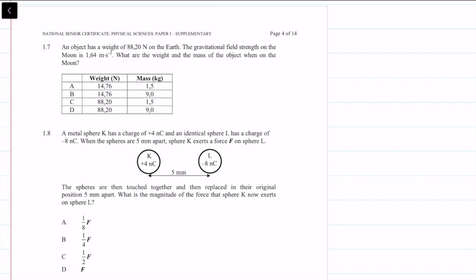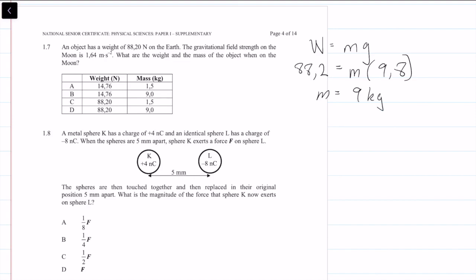We know that the weight is mg. We know the weight is 88.2, equal to the mass, which is the unknown, times g of 9.8, and if we do this calculation, we get a mass equal to 9 kilograms.